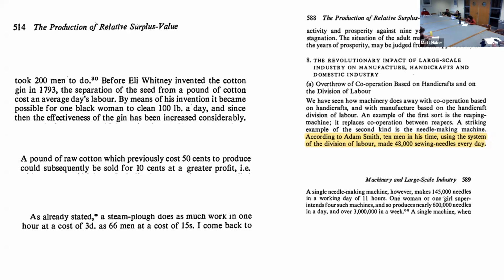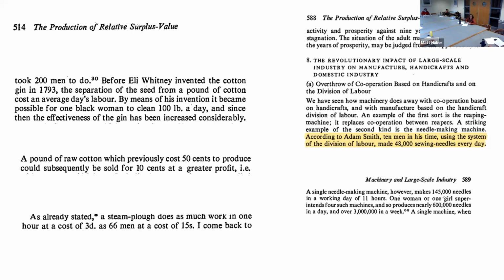So that's the definition of labor productivity going up, right? You can only do so much by making the labor more efficient by subdividing it. These machines just raise labor productivity to a whole other level. And that obviously cheapens each one.